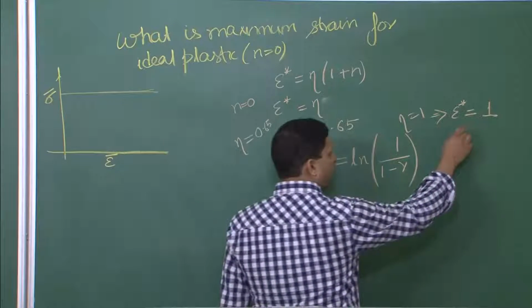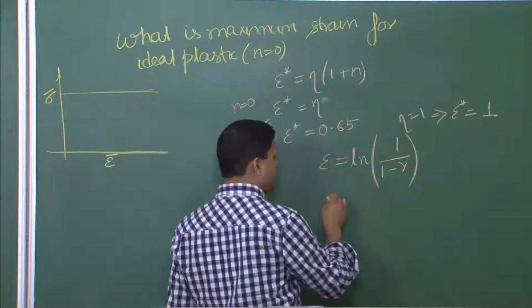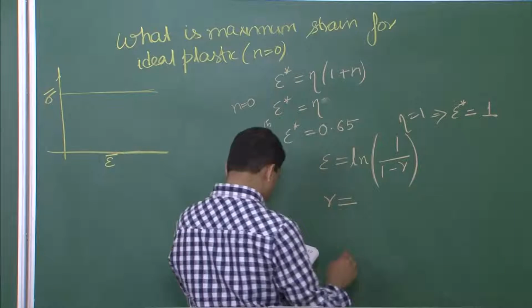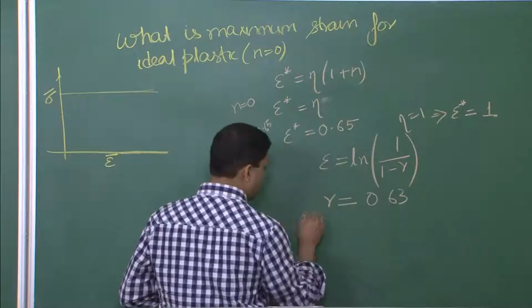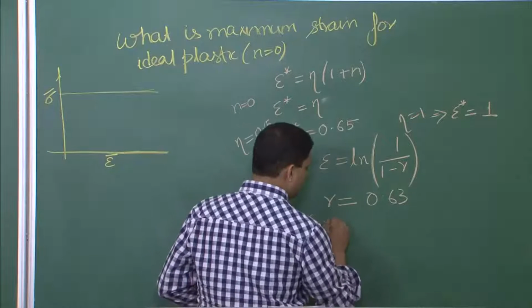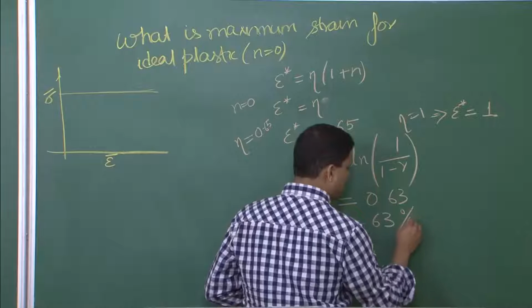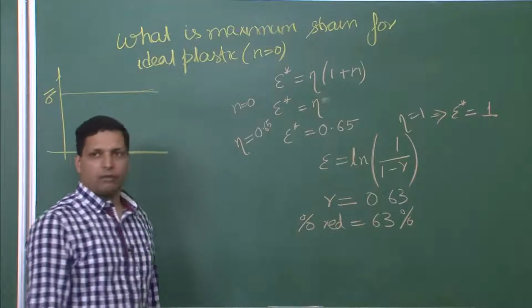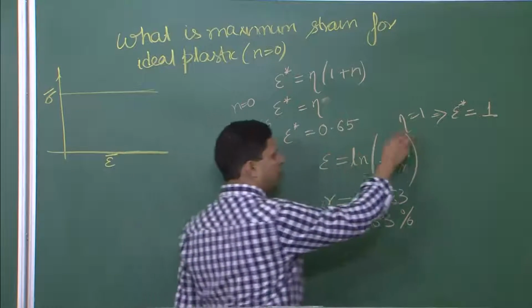So, if we know that epsilon star is equal to 1, we can inversely calculate the area reduction, and you would get an area reduction of 0.63, which means 63% area reduction.